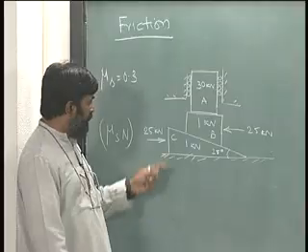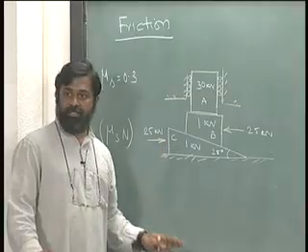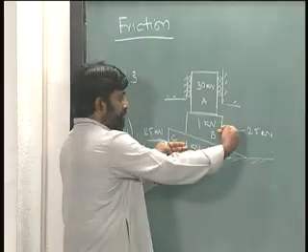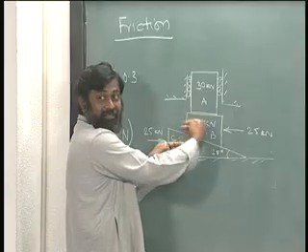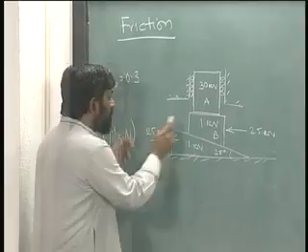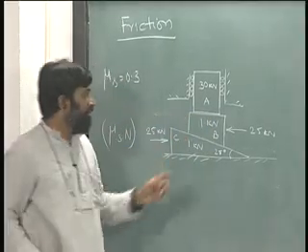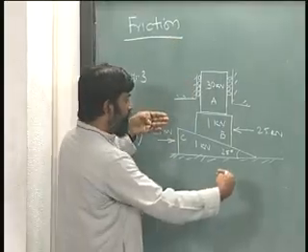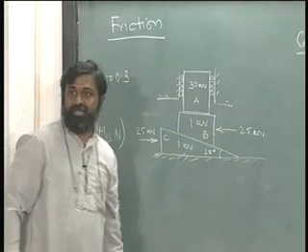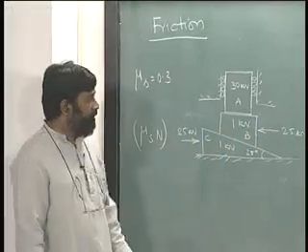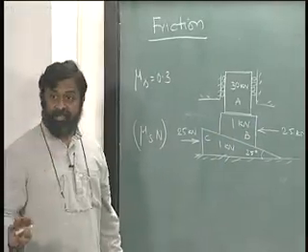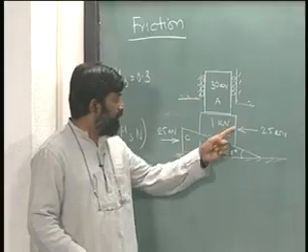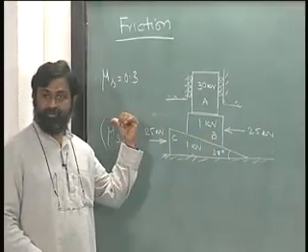There is another possibility, C could remain as it is and B goes towards the left. So if B goes this way, then again I will see an upward movement. The other alternative is that both of them move simultaneously. In either case, I see that this block has to move to the left.